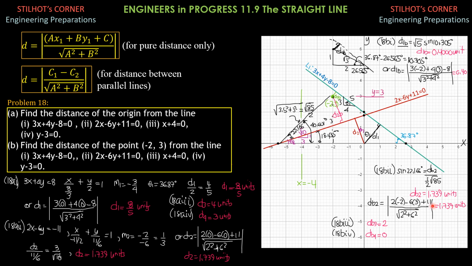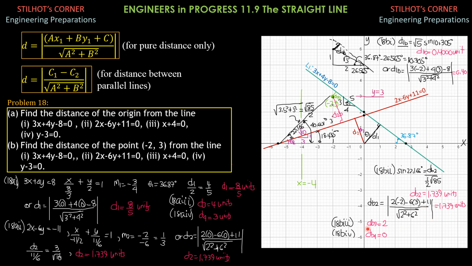Absolute value of negative 11 is 11 over square root of 40. So distance 2b is 1.739 units. It just happens that the distance of the line from the origin is the same, 1.739 units, because if you look at the figure, they seem to be equal, but verified they are really equal.